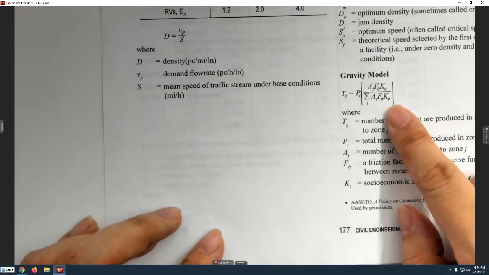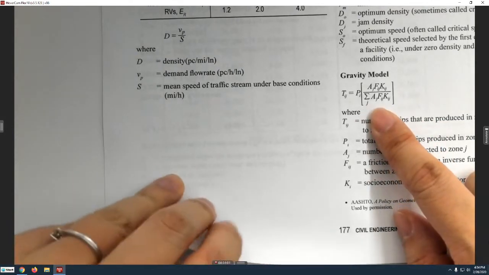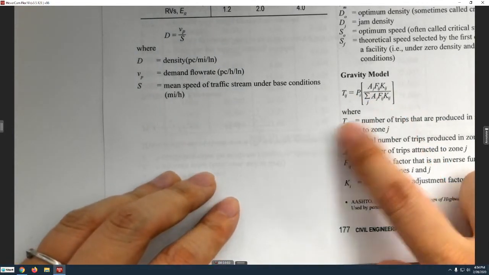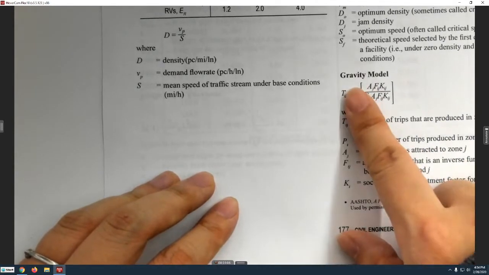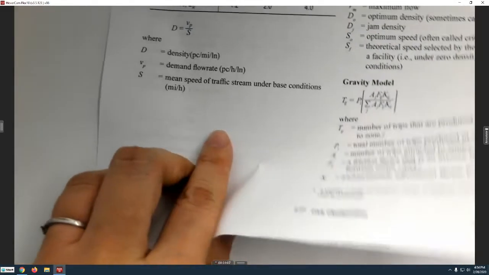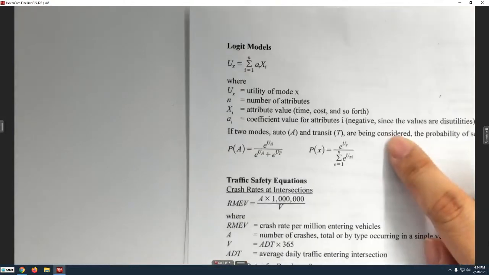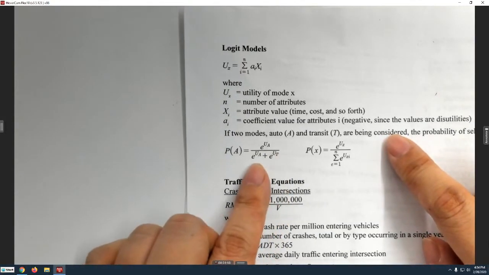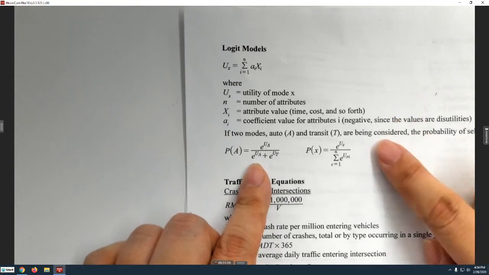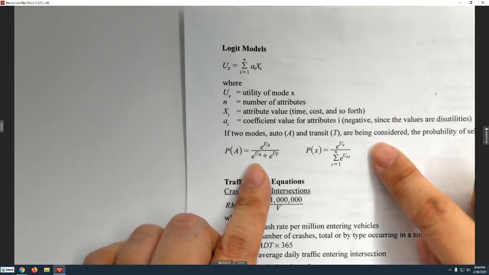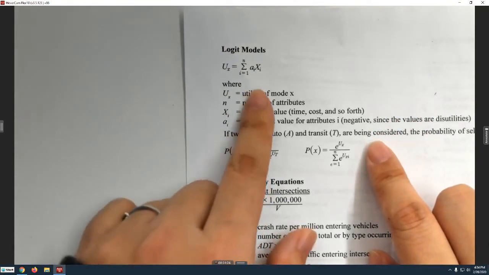Like this one, this is the gravity model for distribution, where you have production and attraction, and how you distribute the trips. And then something else not covered in this chapter, but probably covered in the FE test, is the logit model. The logit model is used for mode split, the third stage of the four-step method. How do you calculate it?